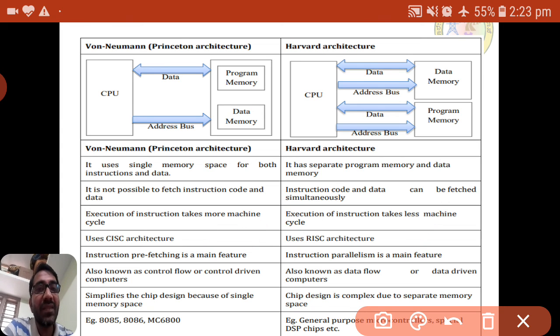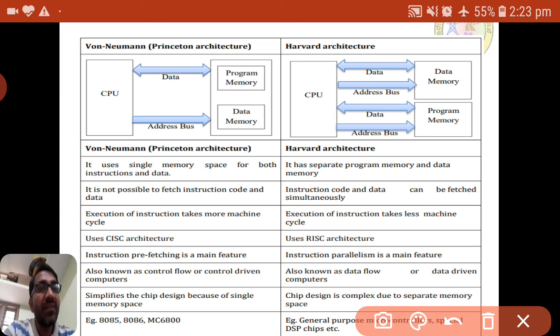Okay, and instruction prefetching is a main feature. Prefetching means initially we can fetch all the instructions and put them in a temporary memory, then we can execute.